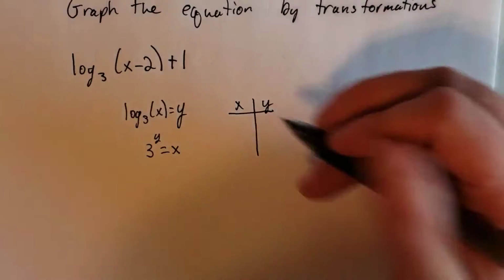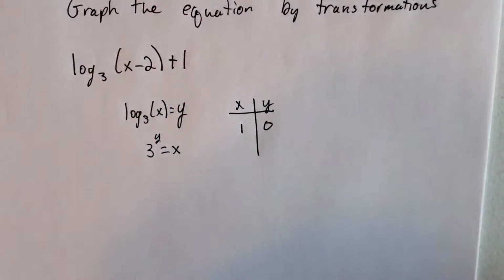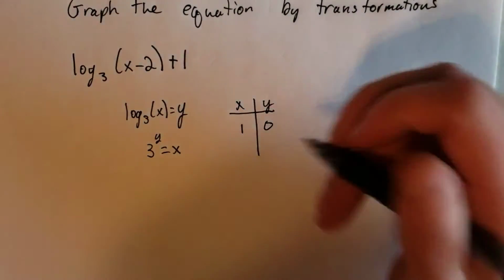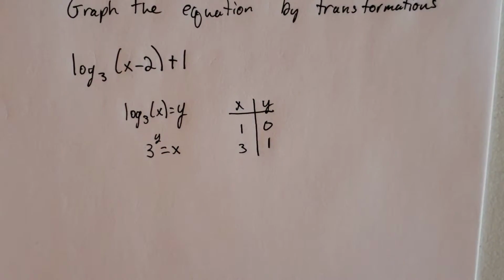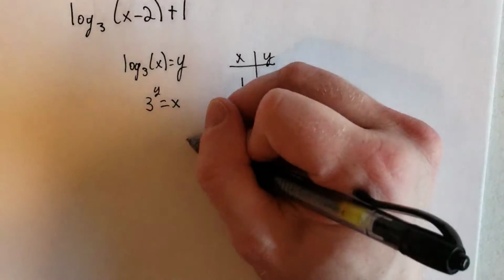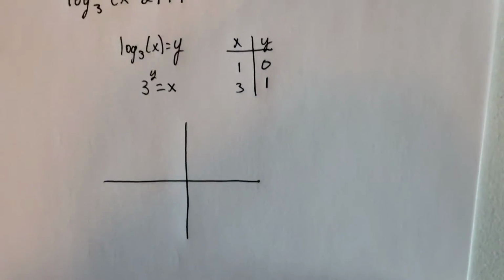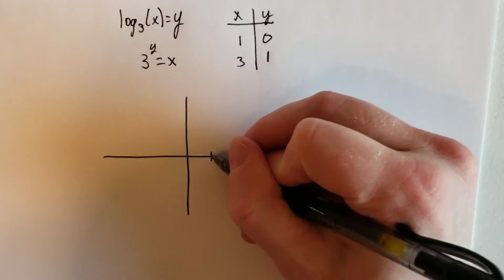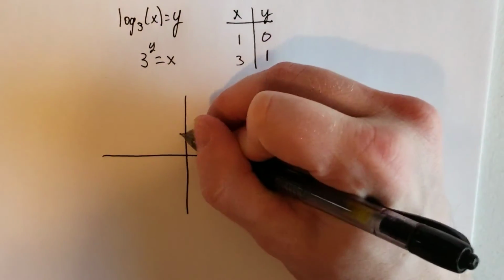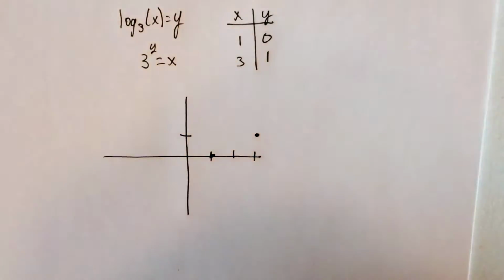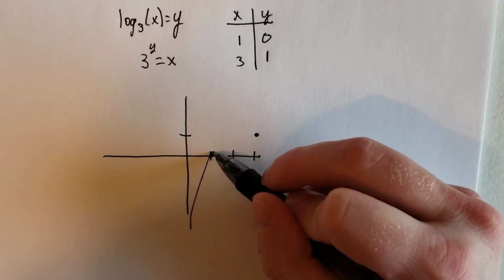So when y is 0, x is 1. And when y is 1, x is 3. And we can use that to plot our base function. So x is 1, y is 0. x is 3, y is 1. And our general logarithmic function looks like this.